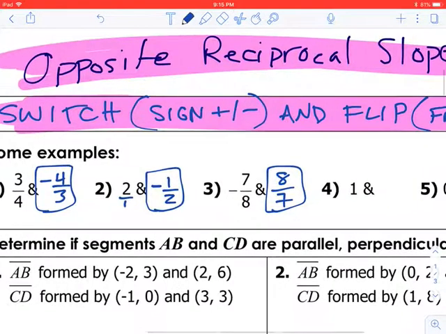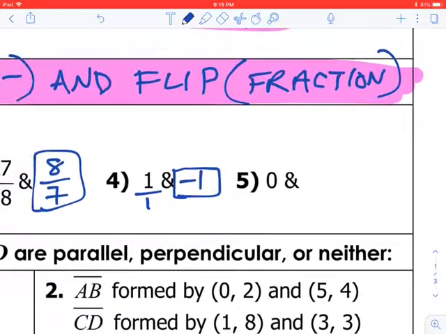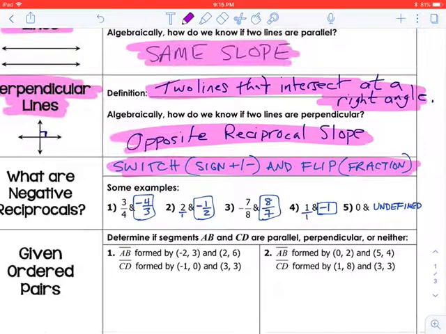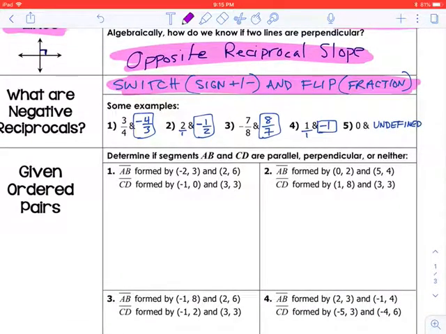Then 1 changes to negative 1/1, which is still just -1. And this one we should know based on all the slope stuff: if it's 0, the opposite of 0 should be undefined, which is something we've done quite a bit.